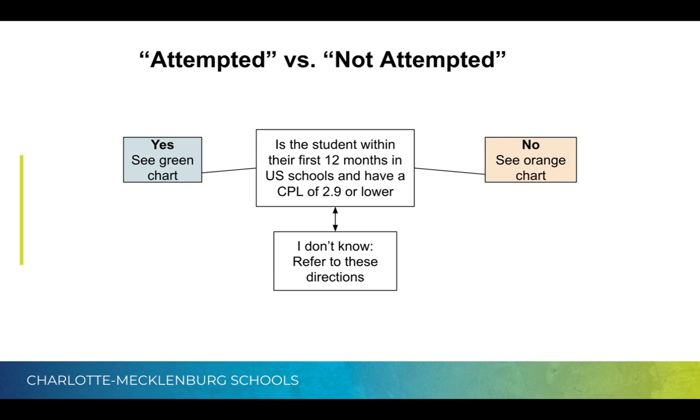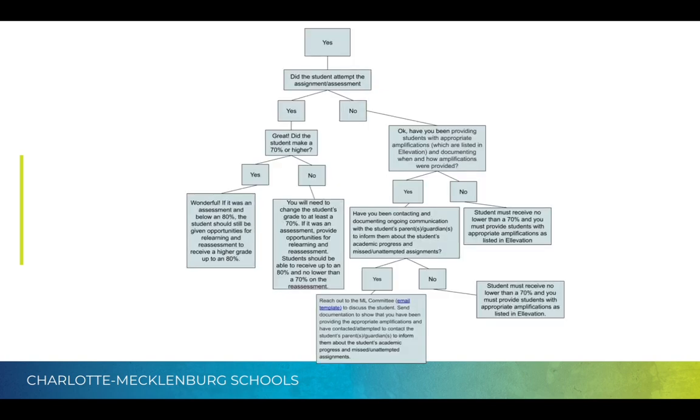So this is broken down between students in their first year and students that are not. However, I do want you to understand that these flowcharts are very similar because the grading guidance really isn't that different. It's pretty much the same for all ML students. So here you can see the flow chart for, let's say this is for our first year students.